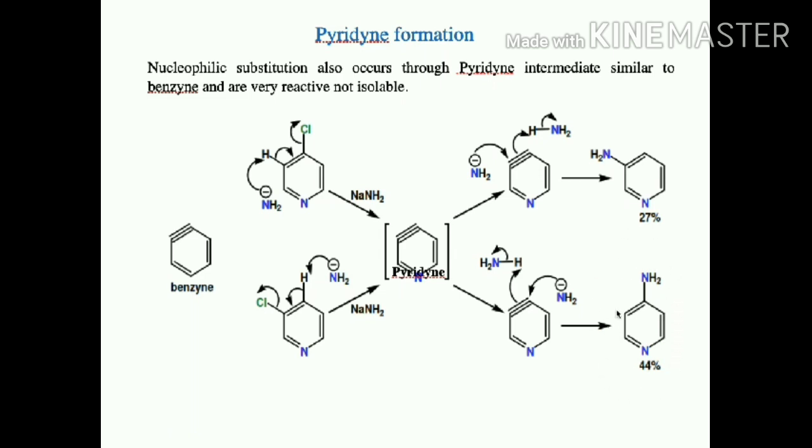Gamma substituted product will be the major product and beta substituted product will be the minor product. That we have already discussed. So nucleophilic substitution reaction will be favored only at second and fourth position. Here the nucleophile is going to add at beta, here the nucleophile is going to add at gamma.